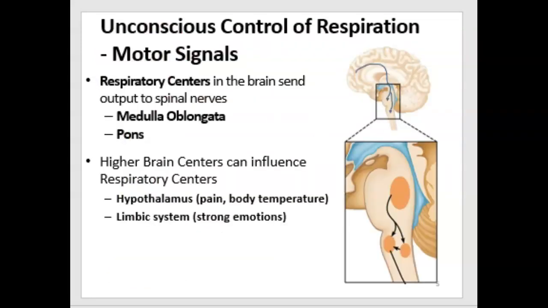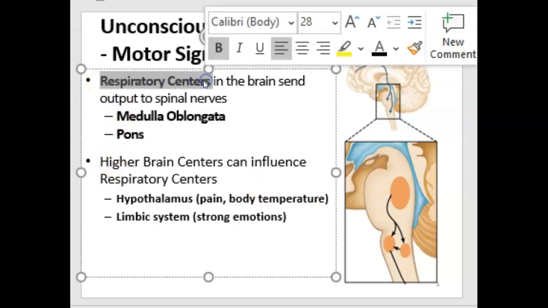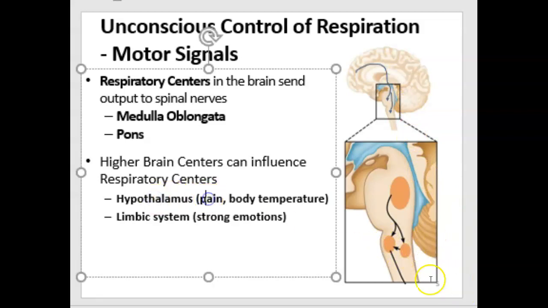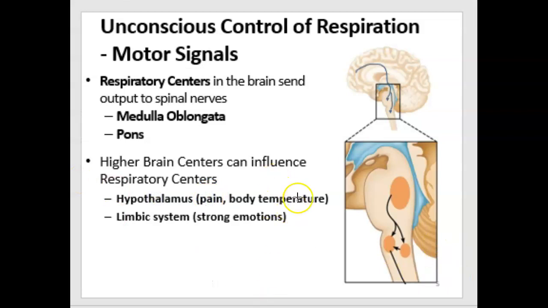So in unconscious control of respiration, let's first look at the neural pathways that are motor pathways to those respiratory muscles. The signals come from respiratory centers in the brain, in the medulla oblongata and the pons. Higher brain centers can influence these respiratory centers, like the hypothalamus when we're in pain, or when we get hot, or when we get angry, we might increase our breathing rate.